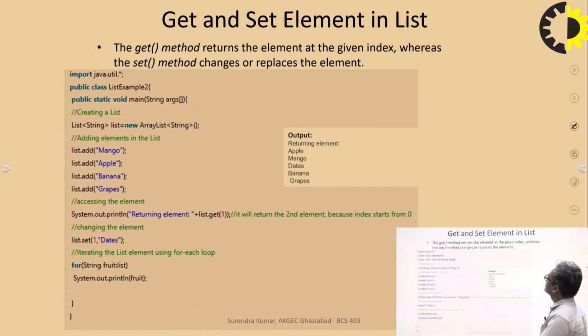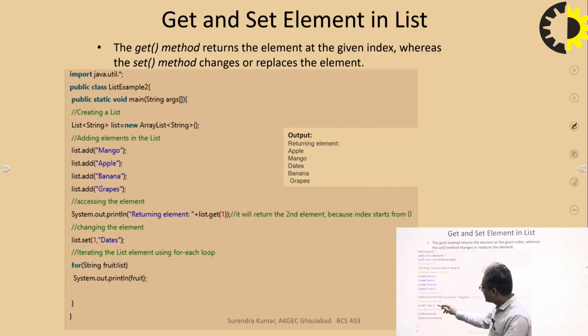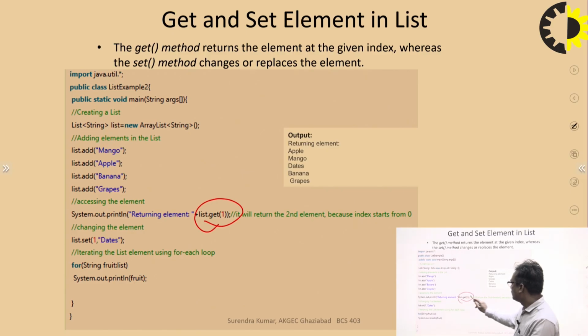Get and set elements in the list. So you can use set and get. This is get(1), set for 1. So you are replacing the element at one place. That means your apple, you are replacing at one place. You are adding dates here.